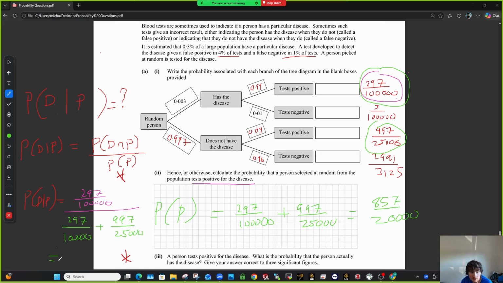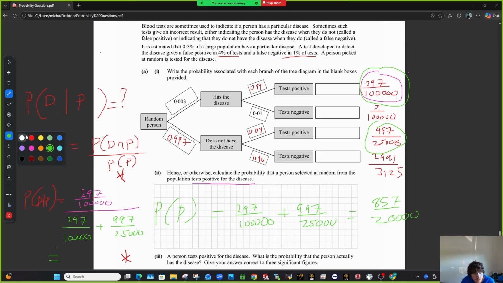And so that then as an answer works out as, now I have to give, I'll write it as a fraction first. And then I'm going to write it to three significant figures. That's a kind of good practice habit. 297 over 100,000 plus 997 over 25,000. So, tough question this.